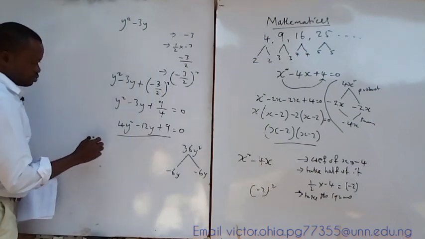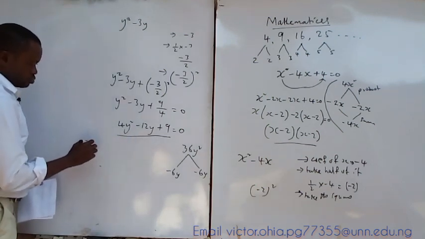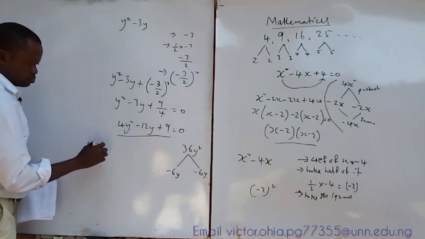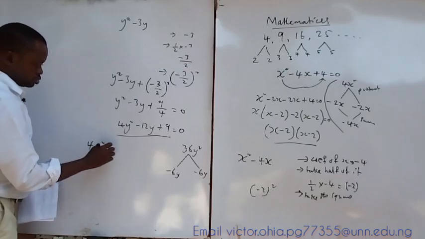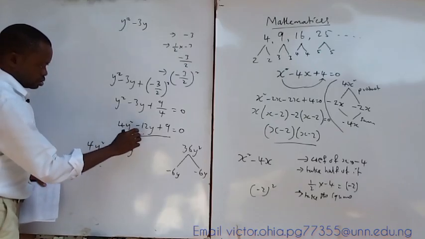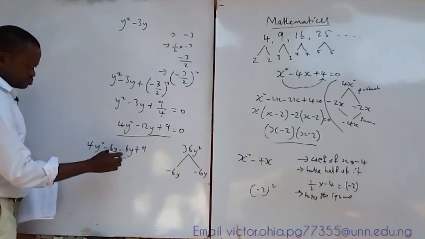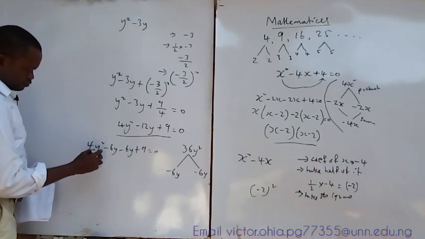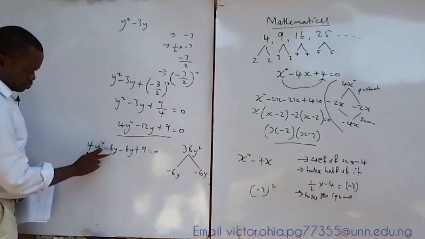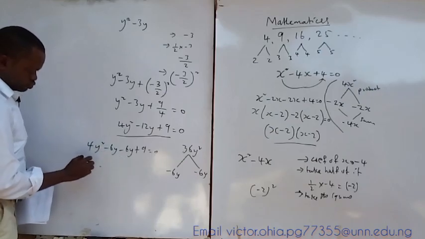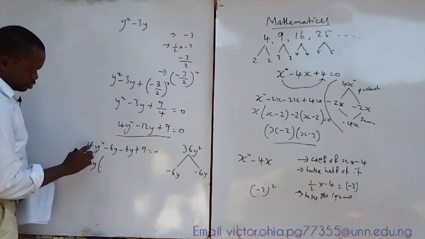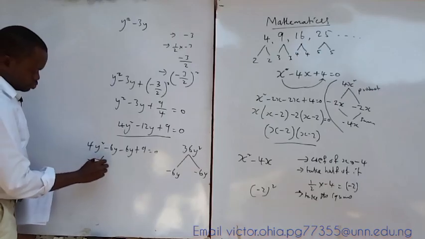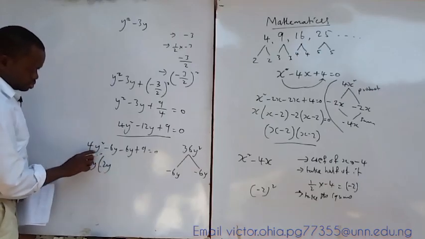I can have it now as 4y squared minus 6y minus 6y plus 9 equals 0. The HCF here, I can see that 2 can go here and go here, and y is here, y is here. So let me have 2y outside and 2y here as well, so that this times this will be this.